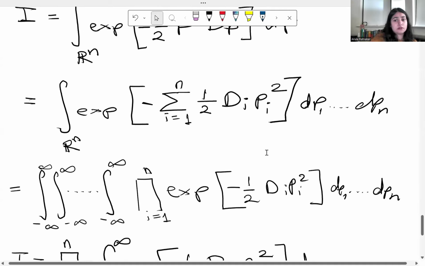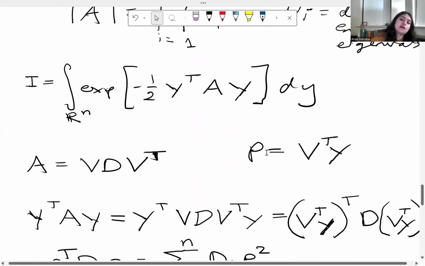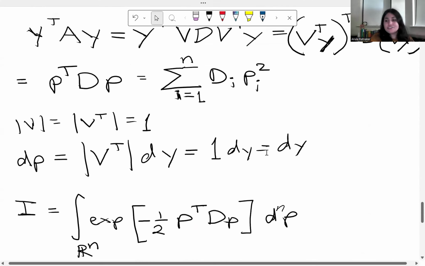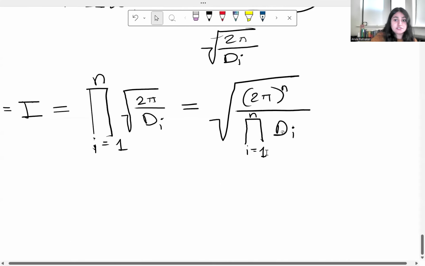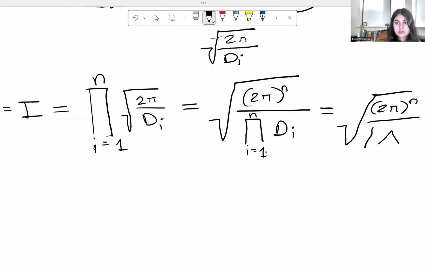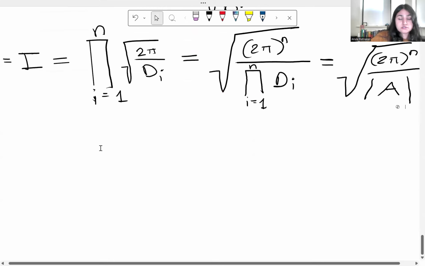And if you remember before, these di's are the diagonal entries of D, which are the eigenvalues of A. The product of all of those eigenvalues is just going to be the determinant of A. So the answer to this part of the full thing is the square root of 2 pi to the n over the determinant of our matrix A. Great, so now we literally have the full solution to IJ.